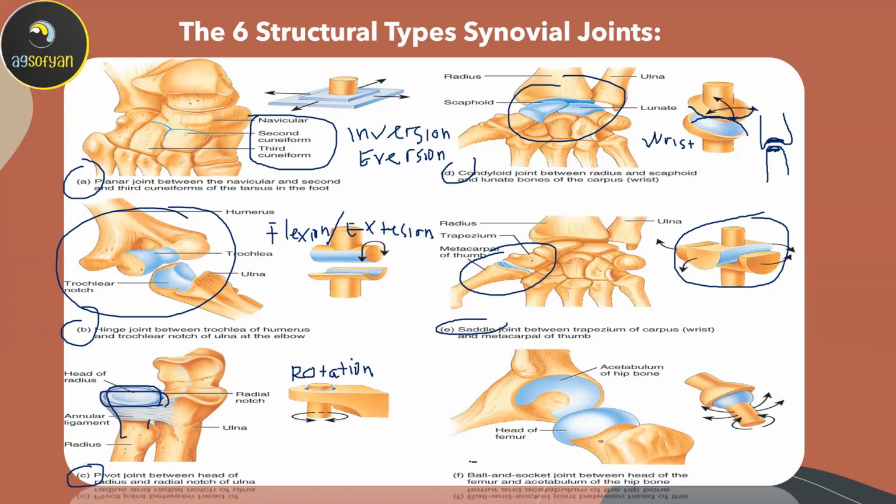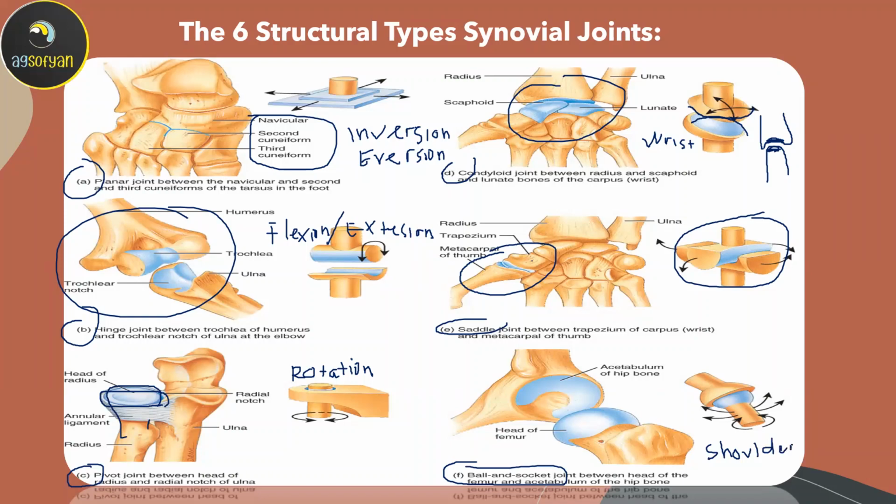And the last one is the ball and socket. This is the type of joint that can give almost all types of movement, because this is a very, very freely movable type of joint. We only have two ball and socket joints. The first one is in the shoulder, so the shoulder joint is ball and socket.